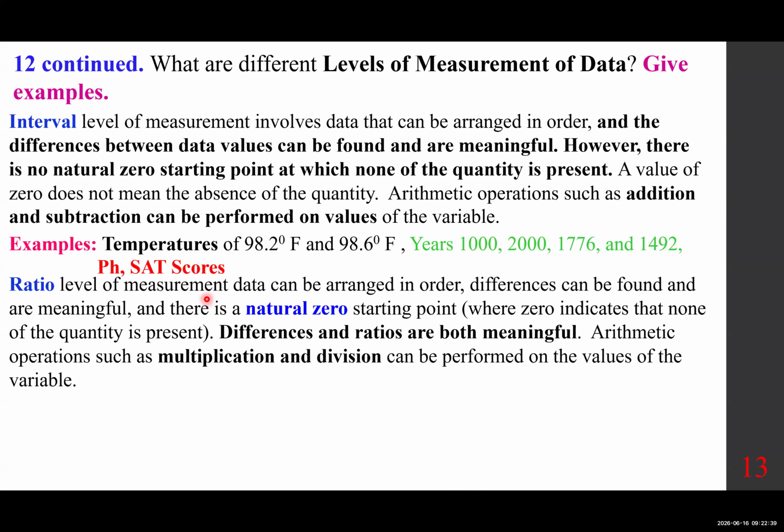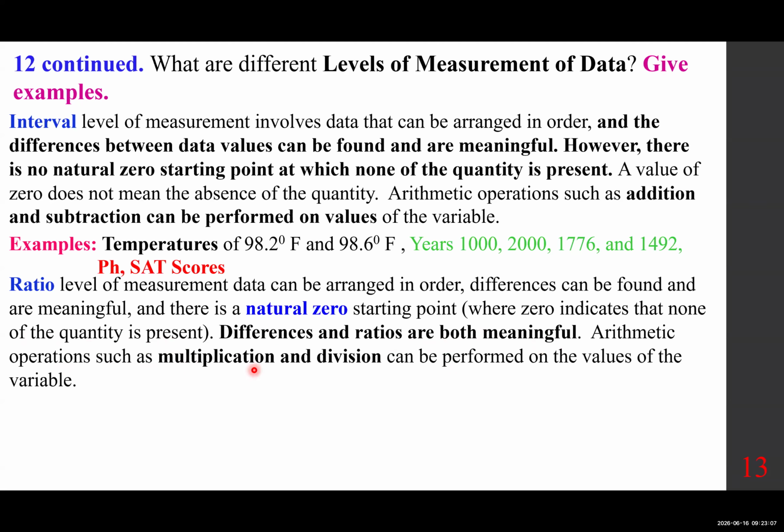Ratio level of measurement: data can be arranged in order, differences can be found and are meaningful, and there is a natural zero. So we add this component to interval and it becomes ratio. By natural zero, we mean a starting point where zero indicates none of the quantity is present. Differences and ratios are both meaningful.